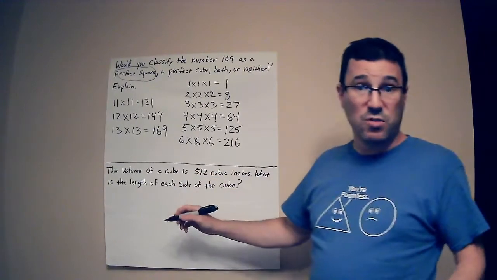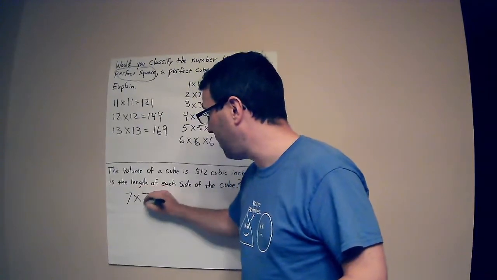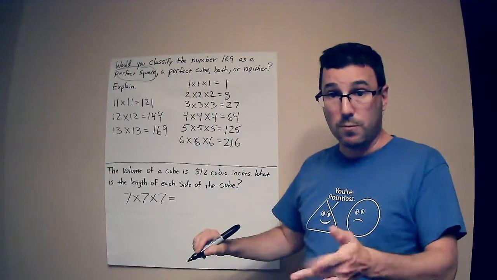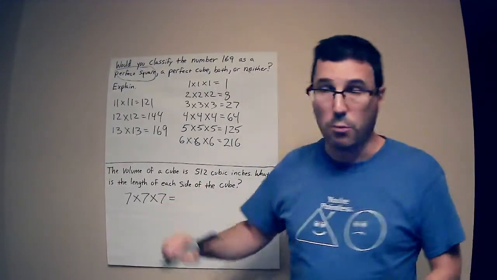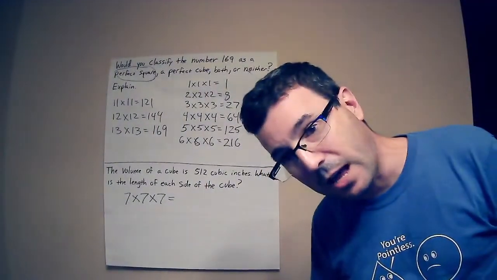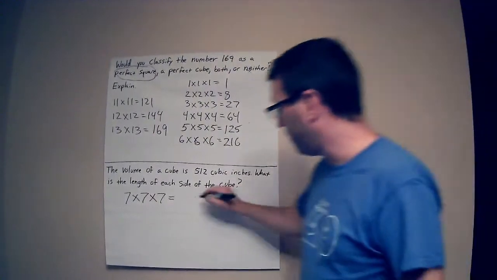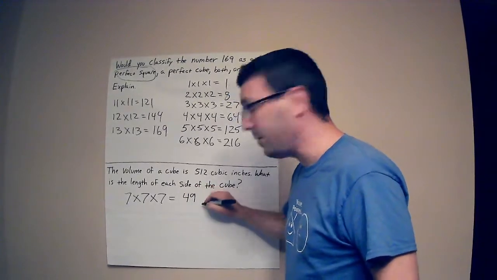So let's do 7 times 7 times 7. 7 cubed. 343. No, that doesn't work. How else, if I have a calculator? Heck, I'll just show you. Oh, I might be right. 7 times 7 is 49.